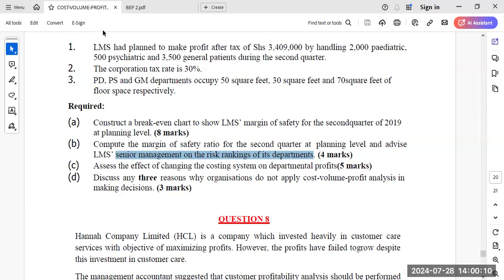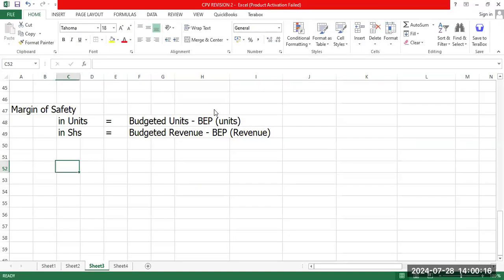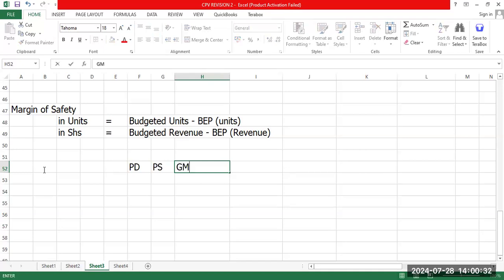It means that you will need a table. You will put here PD, PS, then GM. Then this is your details.